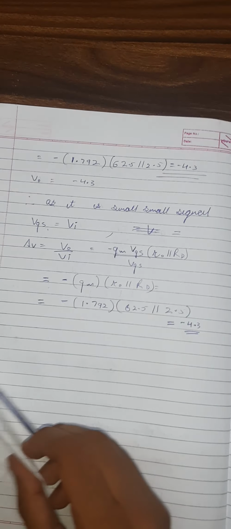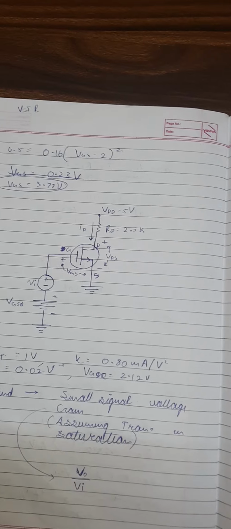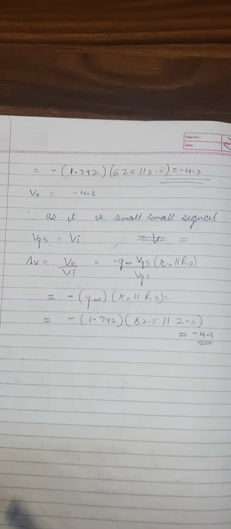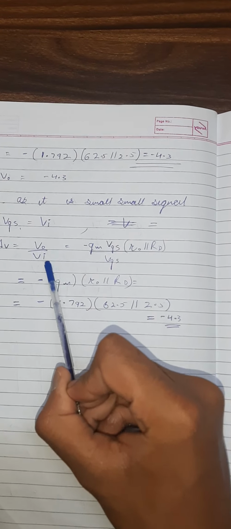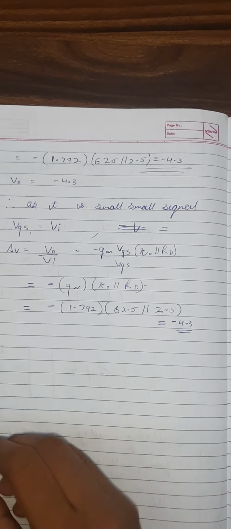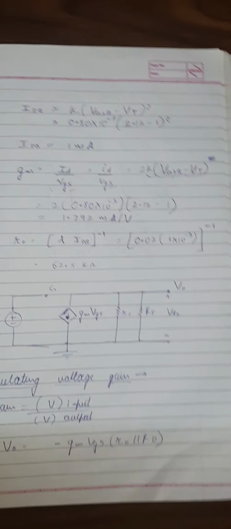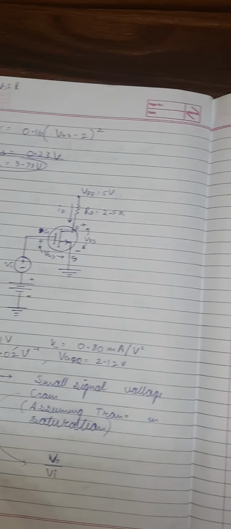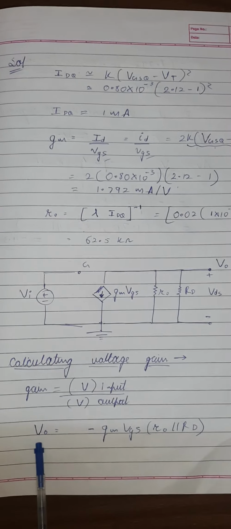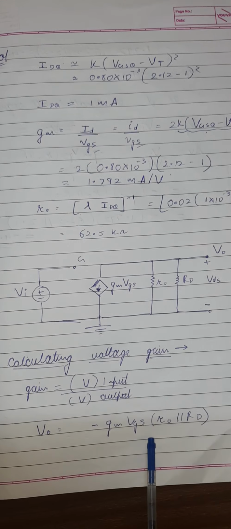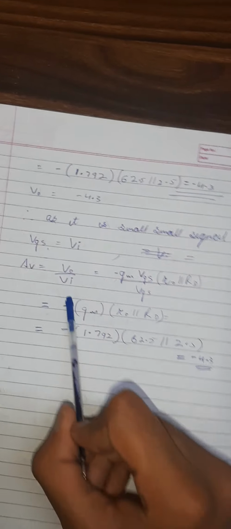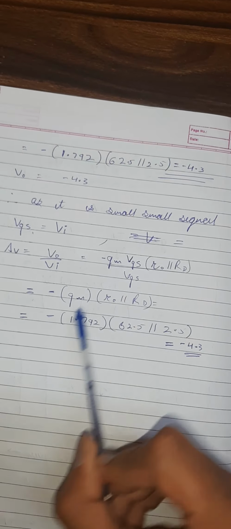AV is the voltage gain, which is equal to Vo by Vi, the output voltage by the input voltage. For the output voltage we have the formula Vo equals minus GM VGS RO parallel RD. We substitute this as it is, and Vi is equal to VGS, so these two cancel out.